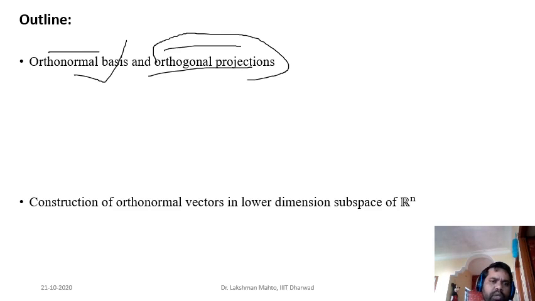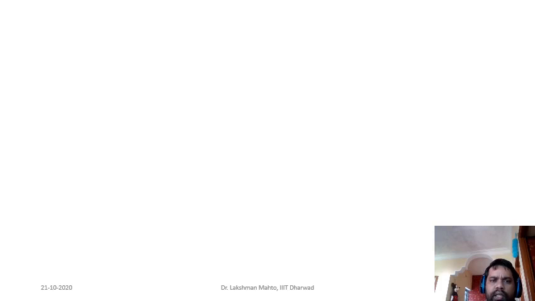Right now, just use the hit and trial method. Later, an algorithmic approach is the Gram-Schmidt orthogonalization process. Then I will talk about the construction of an orthonormal basis. In lower dimensions, you can easily construct it through orthogonal projection, but in higher dimensions it is difficult to visualize, so we go for a systematic algorithmic approach.